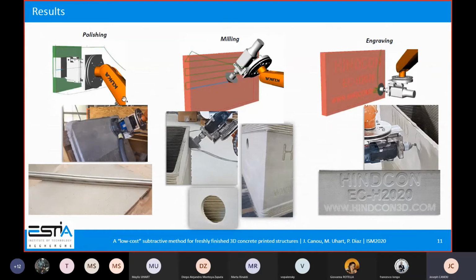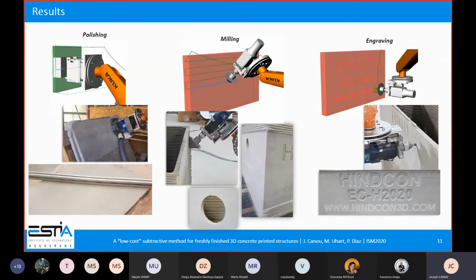We also were able to do some milling. By milling, I mean to be able to get perfectly flat surfaces and also perfect sharp corners. So the idea with this milling system is not to have only a basic flat surface just to have a nice surface, but thanks to this, if we are able to get some sharp corners and really flat surfaces, we are able also to do some assembling of parts.